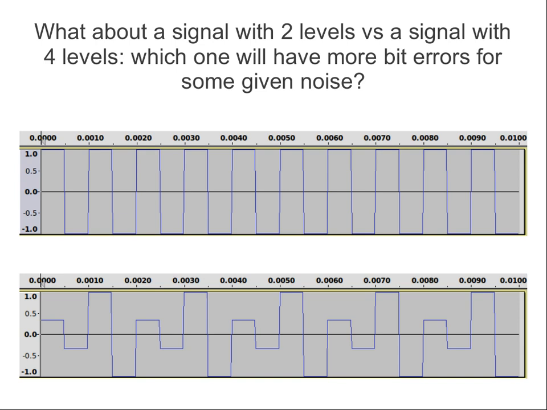How many levels do I need? My signaling rate is 2,000 elements per second. I want to achieve a data rate of 16 kilobits per second, or 16,000 bits per second. 8 levels. Why 8?